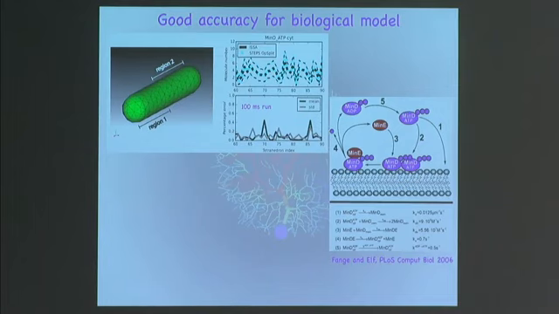I've forgotten how many simulations there really are, but it's quite a large number. And so we can then compute the percent error compared to the standard SSA for the mean concentration, and also for the standard deviation.